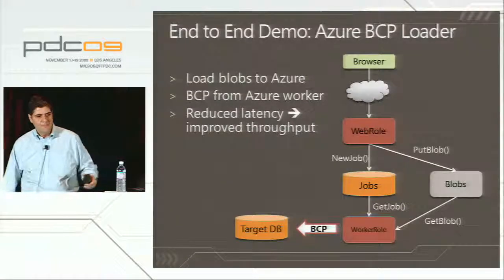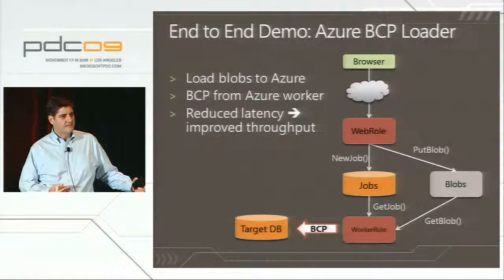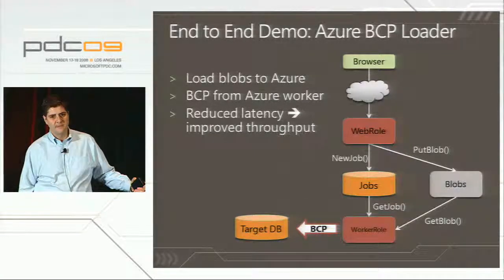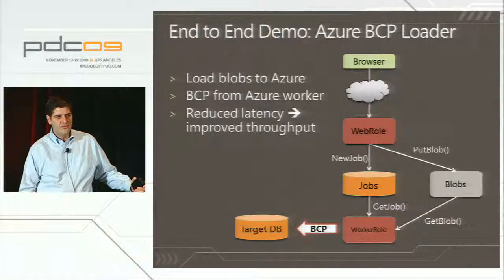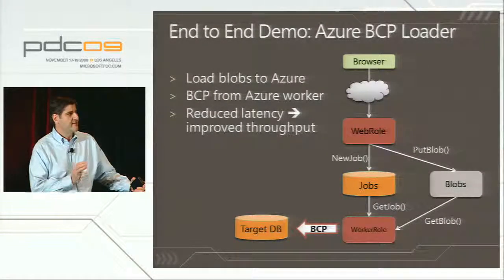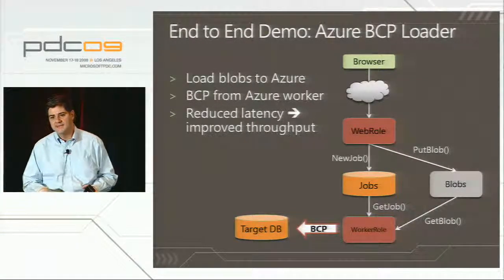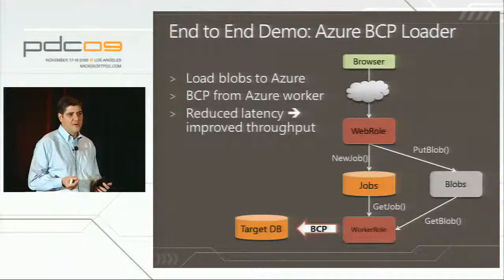Given the fact that you have this network issue and have to move data across the internet, and you have a client and a server, and you're keeping resources at both ends, there are other ways to improve.